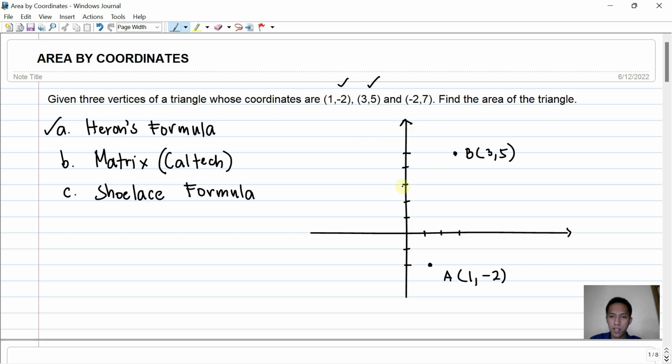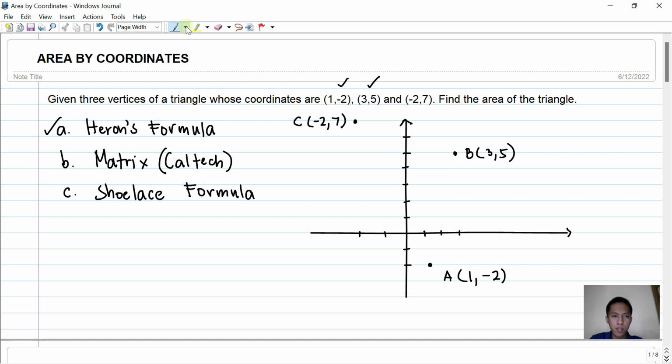So (-2, 7) is somewhere here. Yung ating x is -2. And the y coordinate is 7. So you have here 5, 6, 7. So this is the point. So that is, let's say, letter C, point C. So that is (-2, 7).